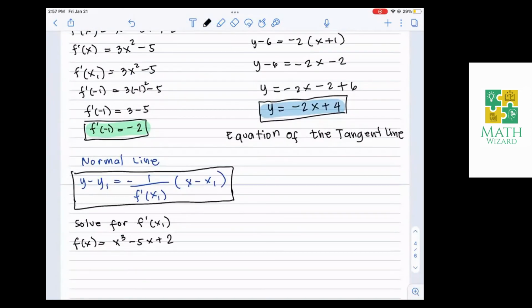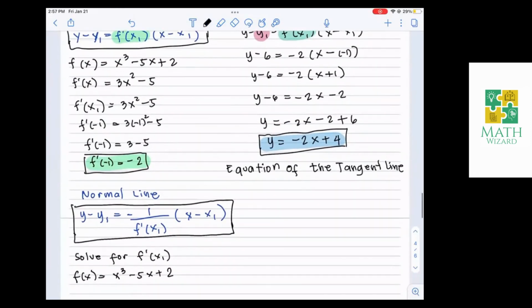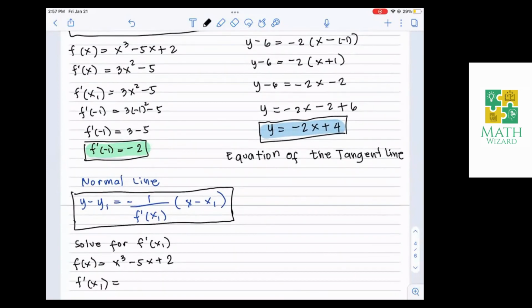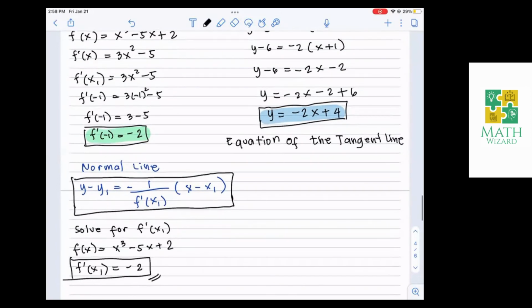So, meron naman na tayo na solve na. So, we don't need na to solve it again. So, this becomes the derivative of the f of x, and then plug in natin si x of 1, that becomes negative 2. Kasi may solution na tayo sa taas. And let's plug into our formula.